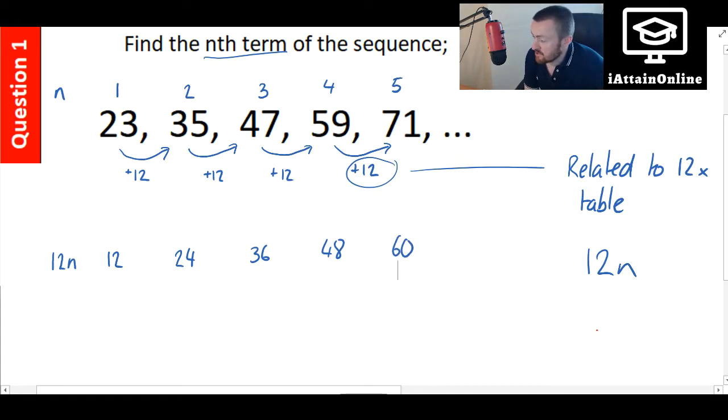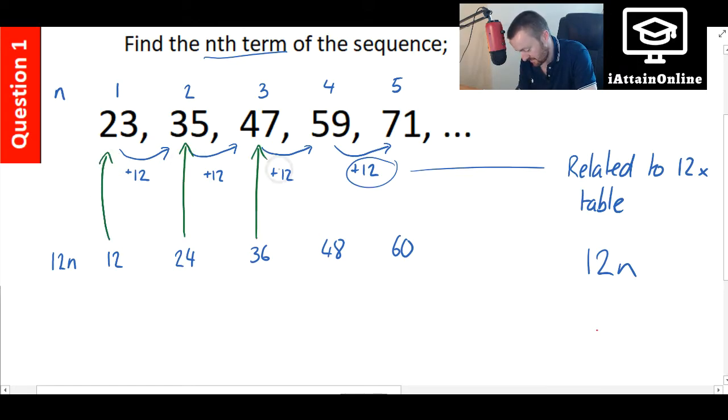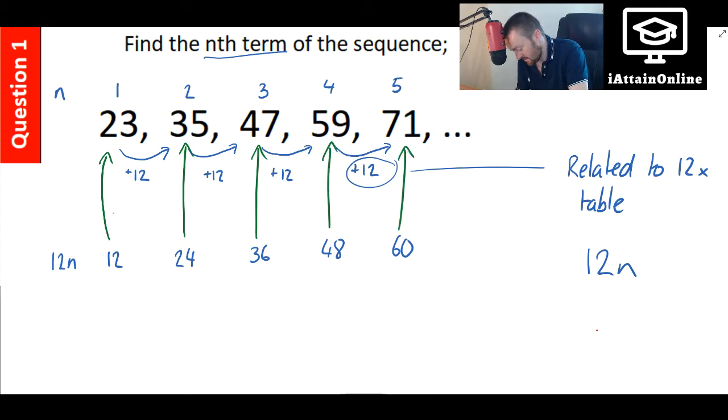Okay, as soon as you have done that, we want to get back to this sequence, 23, 35, 47. Starting with my 12 times table, I'll do this in a different colour. How do I get from 12 to 23, from 24 to 35, and so on? Each time, in this case, you are going to be adding 11.